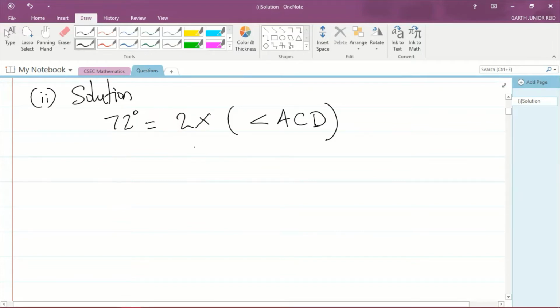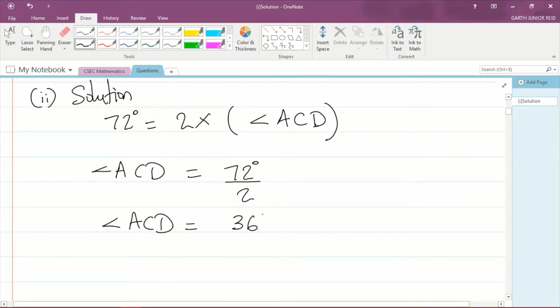So if I do that, it means that this 2 right here will end up being canceled out, which will leave me with angle ACD being equal to 72 degrees divided by 2, which is 36 degrees. All right? So 36 degrees is my answer for angle ACD.